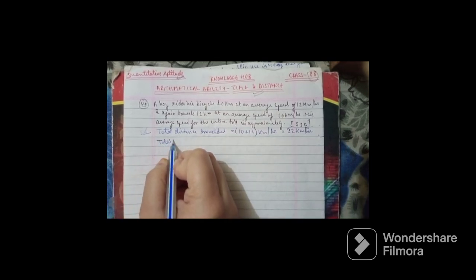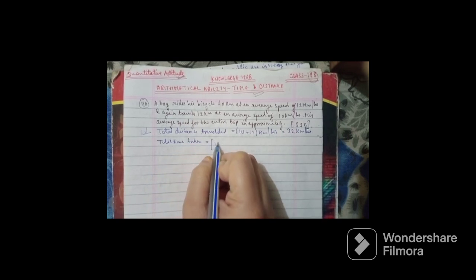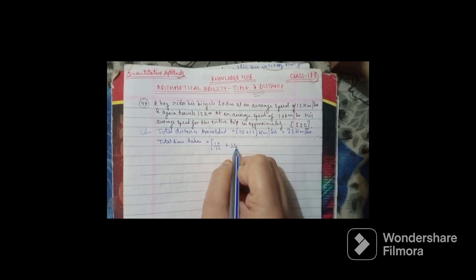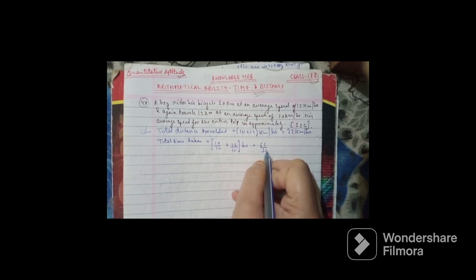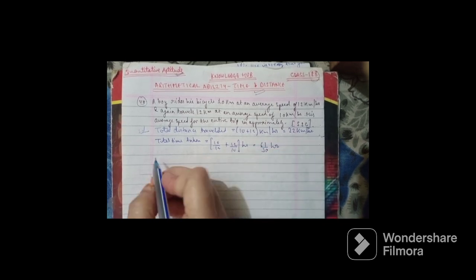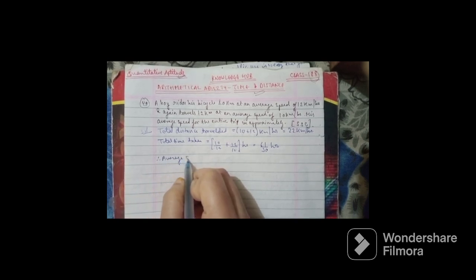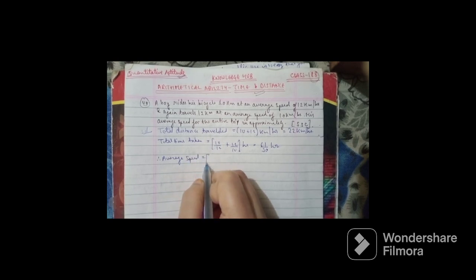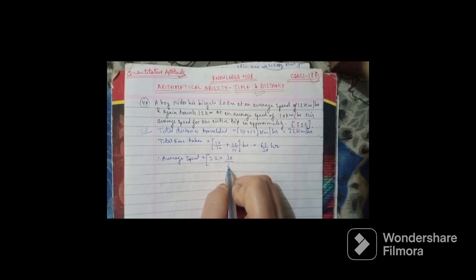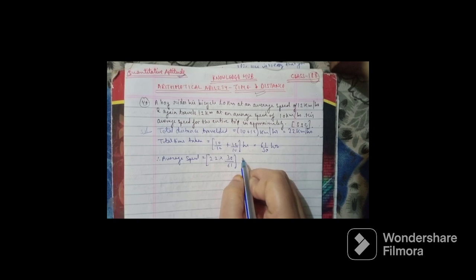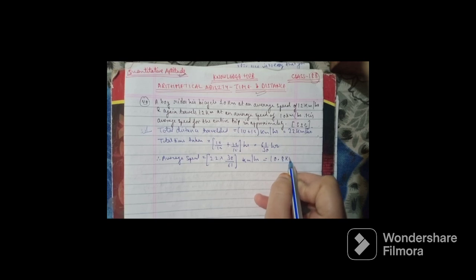Total time taken equals 10 by 12 plus 12 by 10 hours, which is equal to 61 by 30 hours. Average speed equals 22 into 30 upon 61 kilometers per hour, which is equal to 10.8 kilometers per hour.